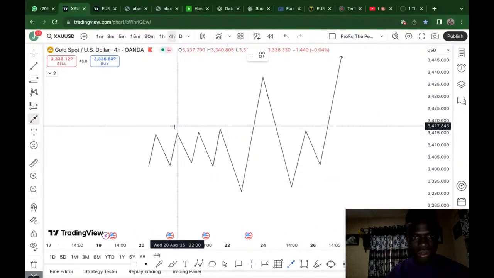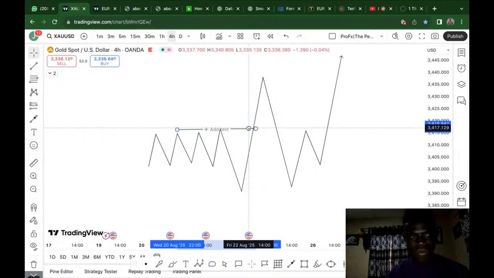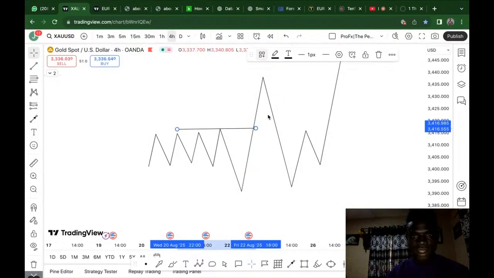I'm going to label it. Okay. There is a sweep before a break of structure.